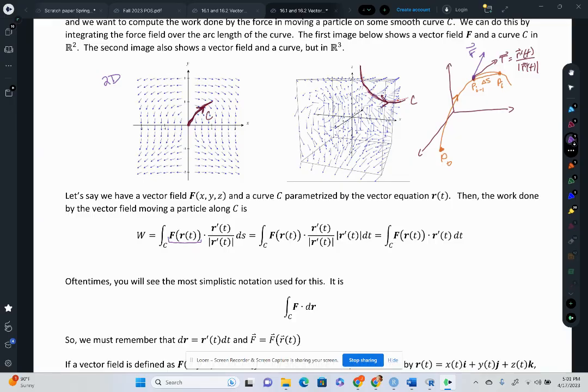And what that does is it fixes our force field on that curve so we can see what's happening there. So this is our force. And then we have our r prime of t over the magnitude of r prime of t. That's our unit tangent vector. And then we've got this ds, which is change in length.